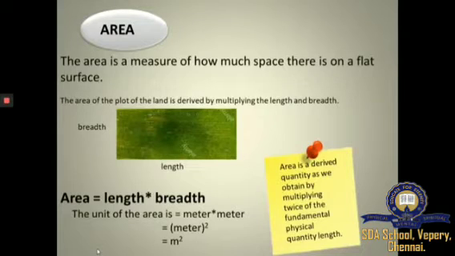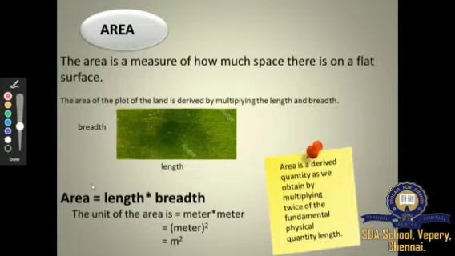Area. The area is a measure of how much space there is on a flat surface. Suppose you want to find the area of a plot of land, then the area of the plot of land is derived by multiplying the length and breadth. Area is equal to length into breadth.